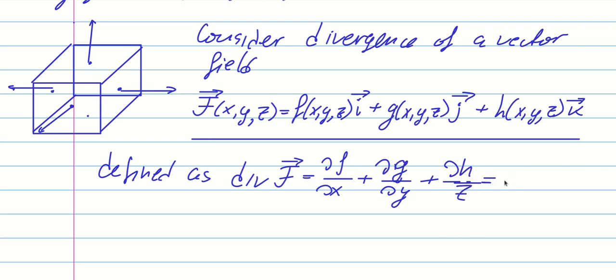And later on we said that we can also write it as the gradient dot product with F of x, y, and z if we think of gradient as an operator. All right.